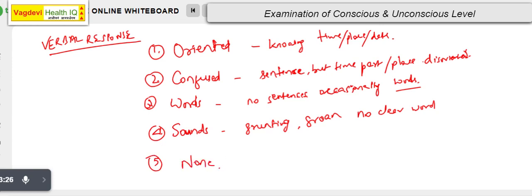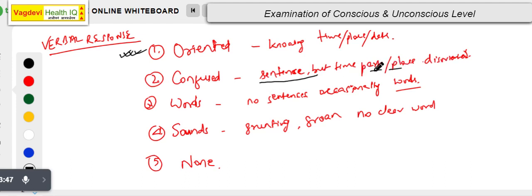So one can see, coming from this side, the oriented part is everything clear: word, sentence, time, place, date. Confused is in sentences, but the time part and the place part are usually disoriented.